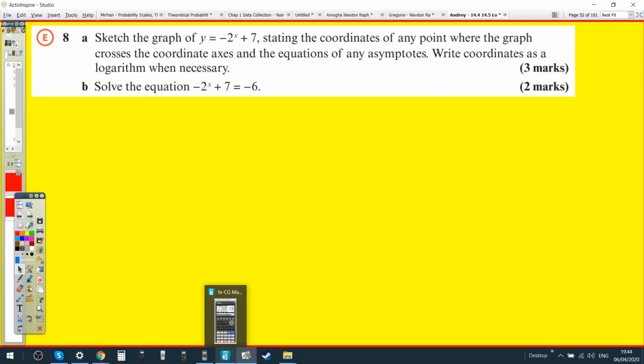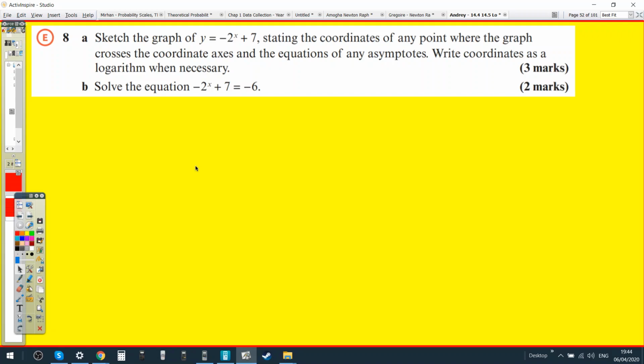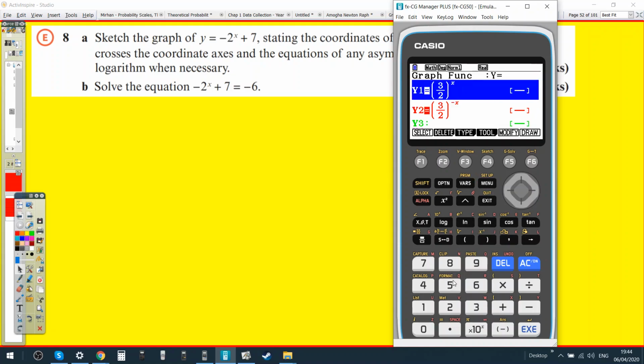That's minus 2, log minus 2. Yes, we get an error. Okay, so how do we do this one? They tell me to use a graph first. There must be a reason for that. I'll delete this one.